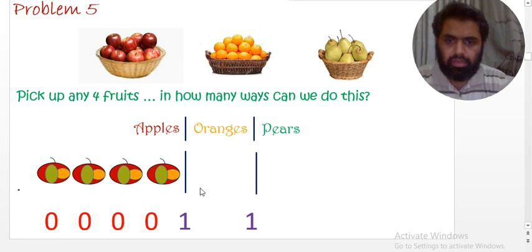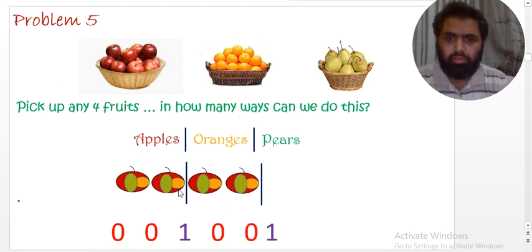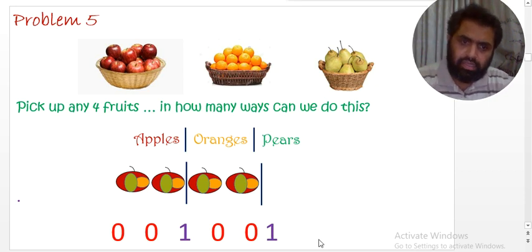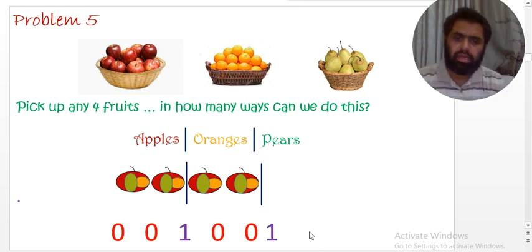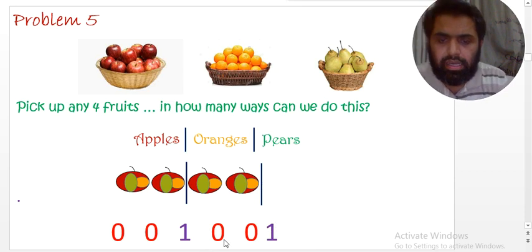Let's see. When I take 2 oranges and 2 apples, it's 0 0, then 1 is a divider, then 0 0, then 1 is a divider, and there is nothing, so it means I didn't choose any pear. It depends where the 0 occurs, which means where the fruits occur, from which type.